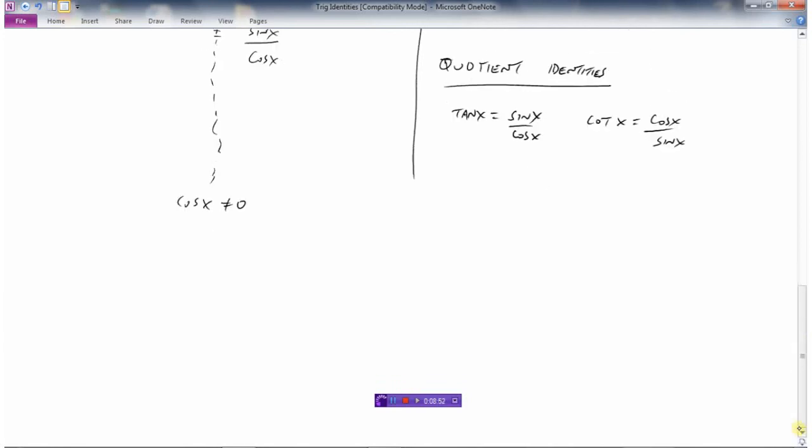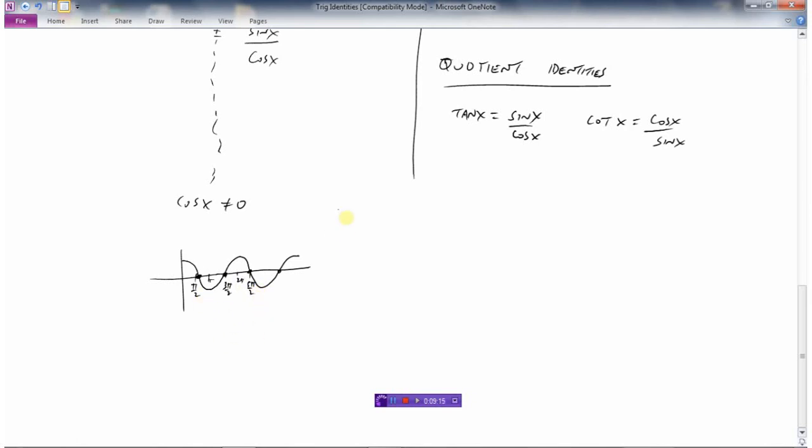So if you remember back to your cosine graph, which looks like this, we have some non-permissible values, because there are some places on here where cosine x would equal 0, namely pi over 2, 3 pi over 2, 5 pi over 2, and so on.